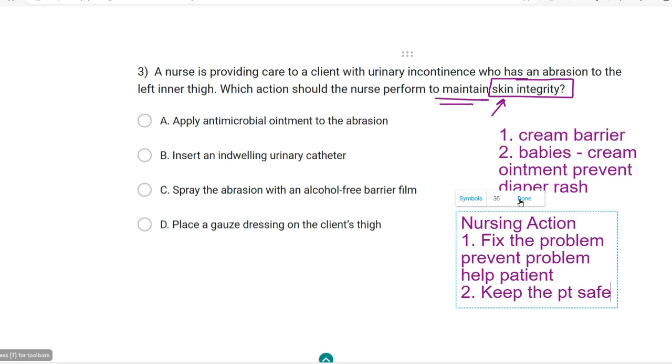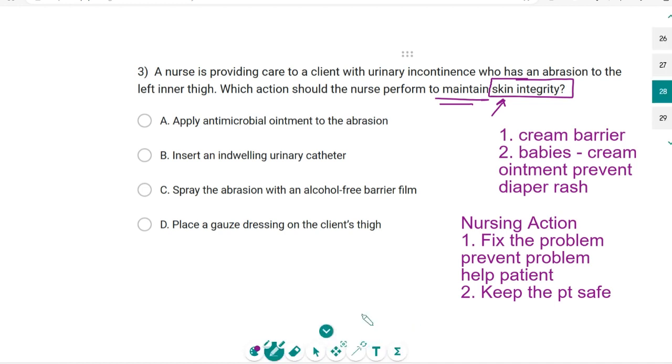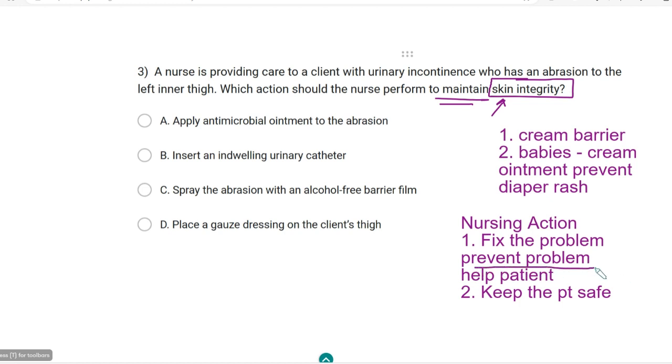So I have to do something that's safe, that is going to fix the problem. The problem is he has this abrasion, he's got urinary incontinence, but really they're asking us how to maintain skin integrity. In other words, how am I going to prevent him from having further skin breakdown or any skin breakdown? So overall, this is a preventive measure, a nursing action that is going to prevent.